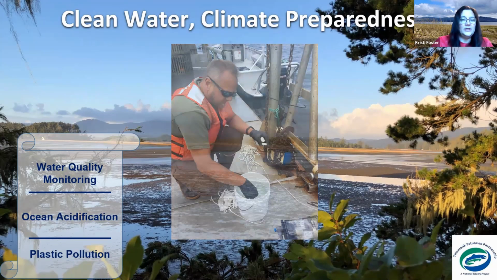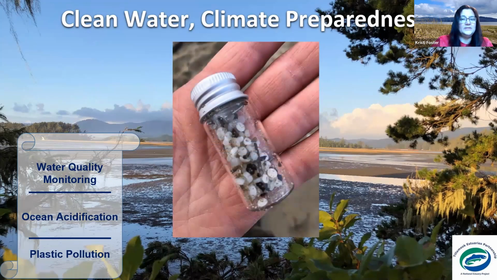And then we also look at plastic pollution. If you are interested in doing this, once some of the COVID restrictions are lifted a little bit more, we can start having volunteers assist us with it. We have folks that will go walk along the beach and look for these little plastic bits called nurdles. It's a real simple procedure.